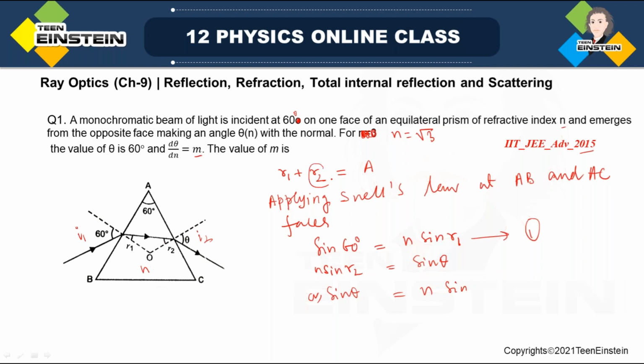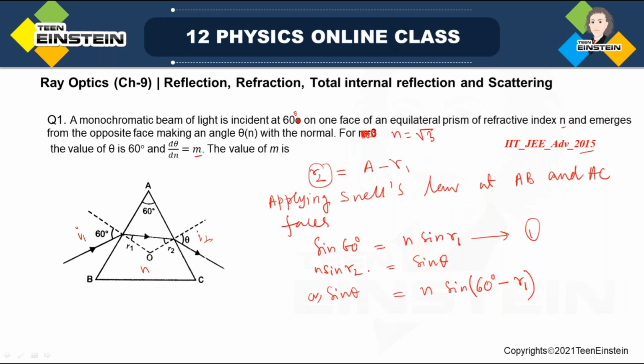In place of R2 I can write A minus R1, right? So A is 60 degree, so we can write here 60 degree minus R1.